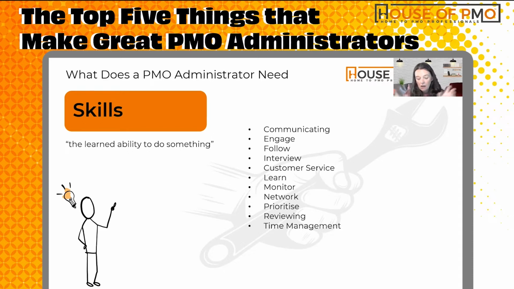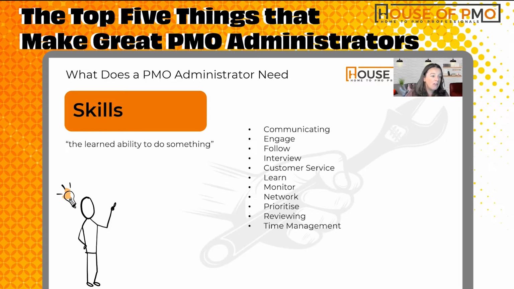A classic: you can't be a PMO administrator if you've got terrible time management. This is just one of the things that PMO administrators tend to be really good at, being able to manage the time when things need to be done, and by when, and what the deadline is. It's the innate thing that goes into being an administrator, and that's an administrator not just in the project role, but any kind of administrator. You are the one that tends to be highly organized, and underpinning that is great time management.